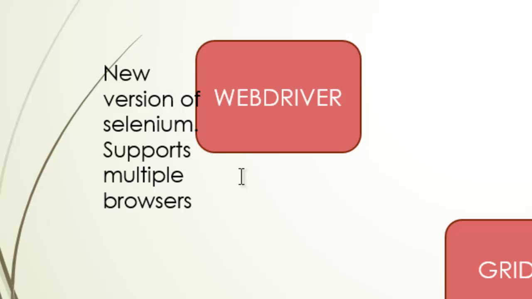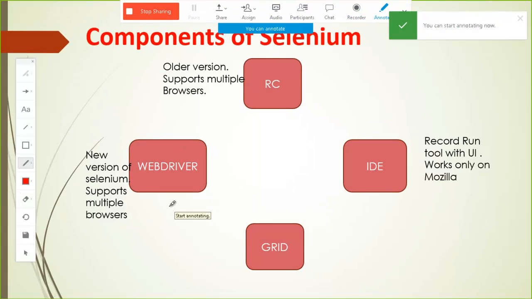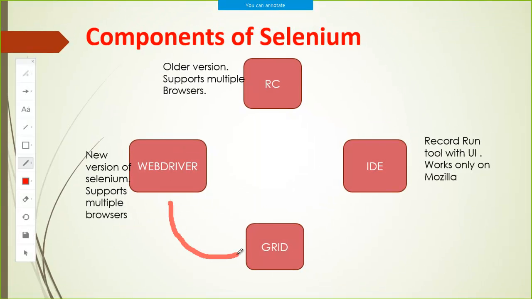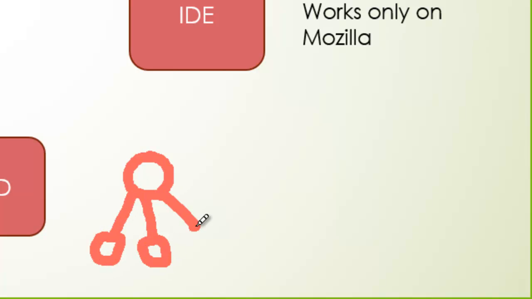Grid is combined with the WebDriver, and then you write the code which helps you run the test cases parallelly. That is, you have a central machine and you connect multiple machines with this central machine, which is known as the hub.